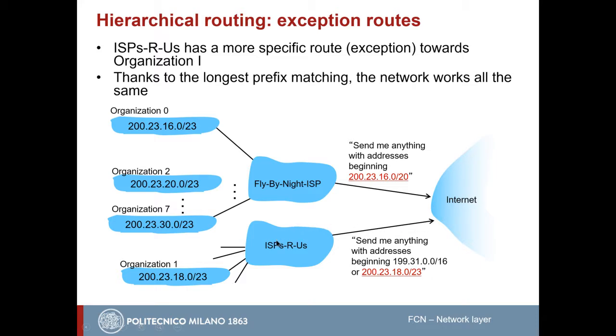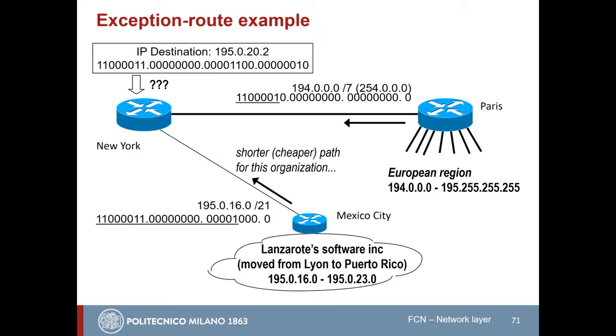Why do we need exception routes? Obviously, this is against the reduction of routing entries we have talked about before. But in some cases, it's necessary. This is a geographical example. As we said, in order to favor aggregation, today network addresses are assigned on a geographical basis. So imagine that you have a company that is located in Europe, for example in Paris.